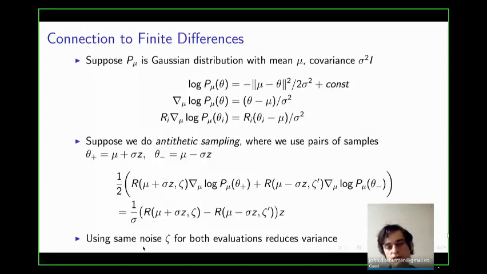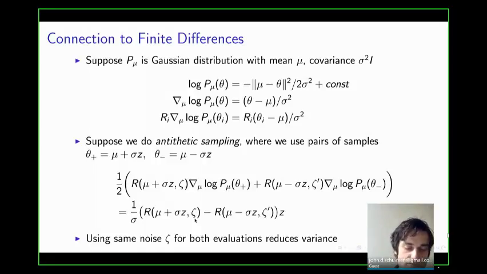Oh yeah, if you use different noise samples to do both function evaluations, then you could potentially have a lot of variance, because it could be that most of the difference between these returns is coming from the noise, and it's not coming from the difference in parameter.